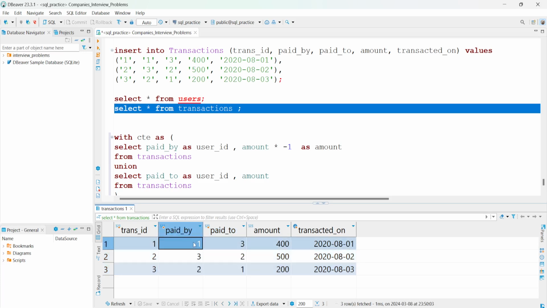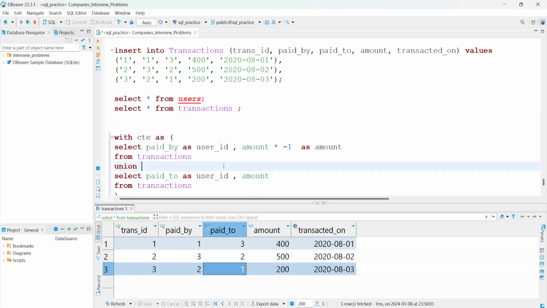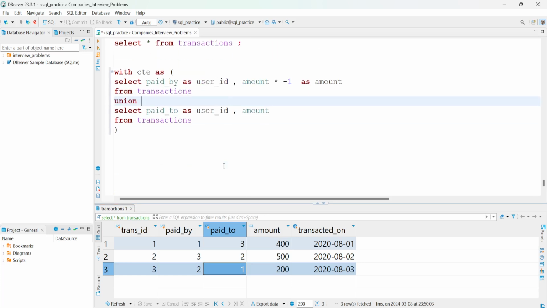Same user, you can see here one is paid by and here one is paid to. So are you getting a hint of union, right? We can union these two on the amount column.